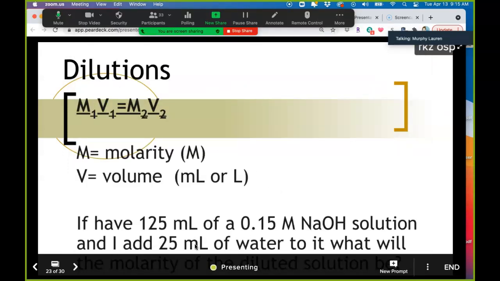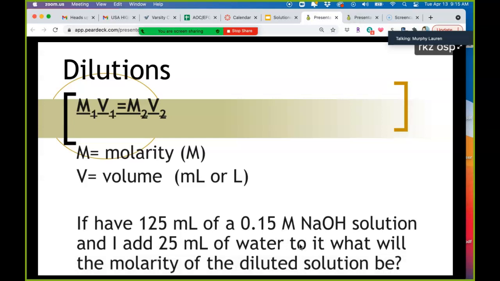And I add 25 milliliters of water to it, okay?